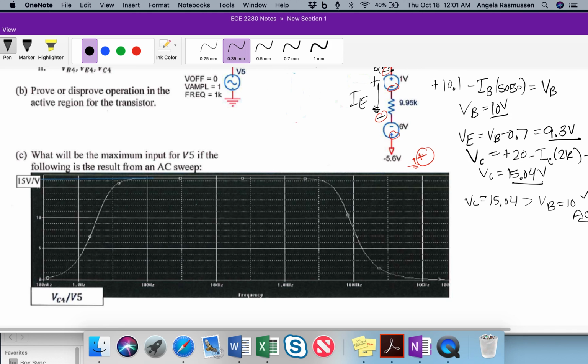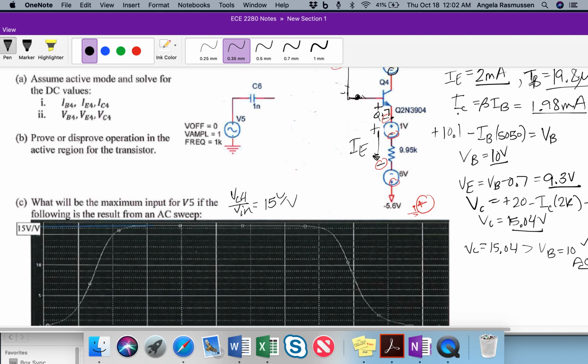In this case, you can see that it's measuring in at 15 volts per volt. So that means the AC gain for this circuit is 15 volts per volt. The output, considered at VC4 over the input, is 15 volts per volt.